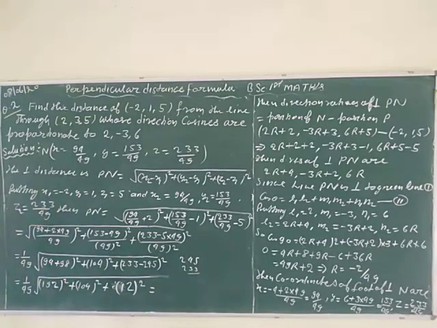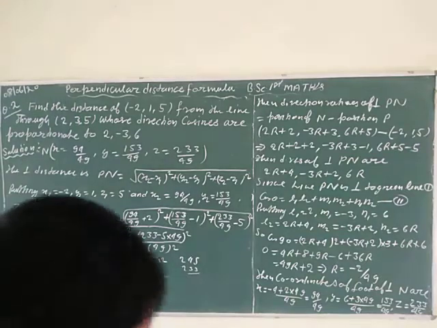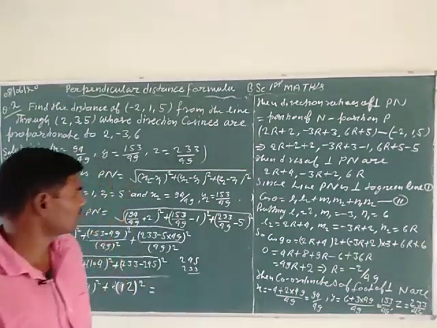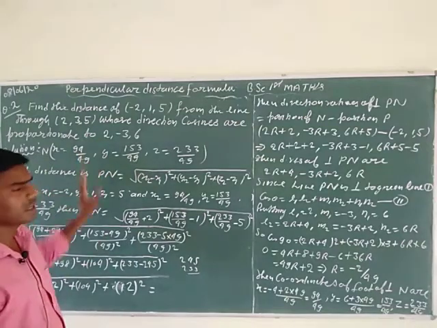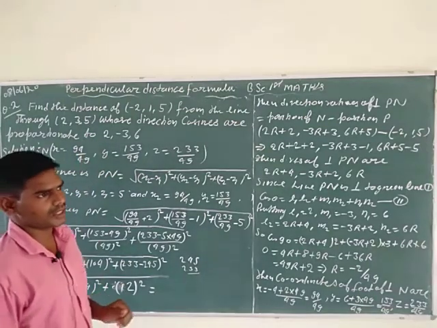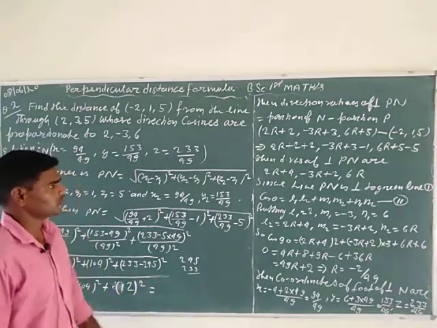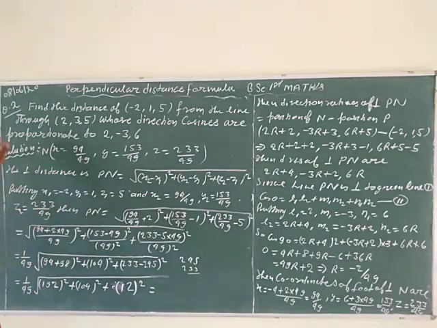This is the distance between the two points capital P and N. So this is the required length of the perpendicular distance PN. So this is the complete solution of the question.